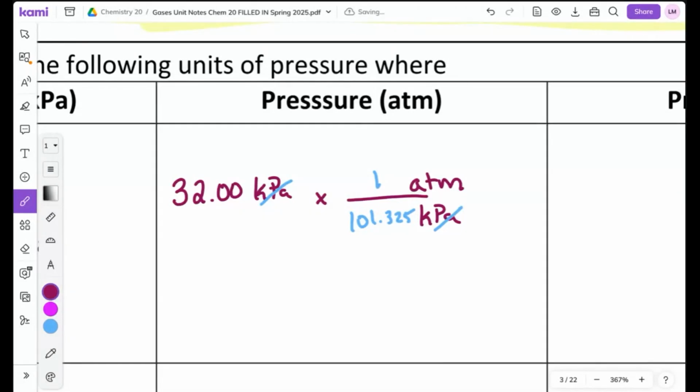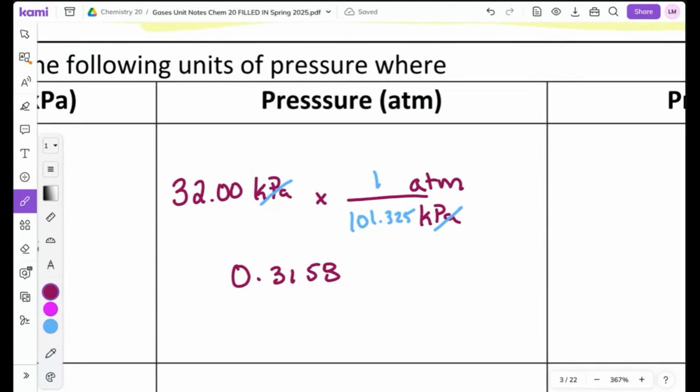That's what I'd be putting into my calculator. And once I do that, what I'm going to get is 0.3158 atmospheres.